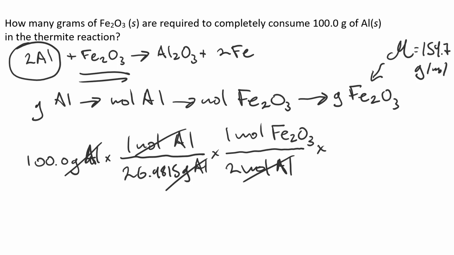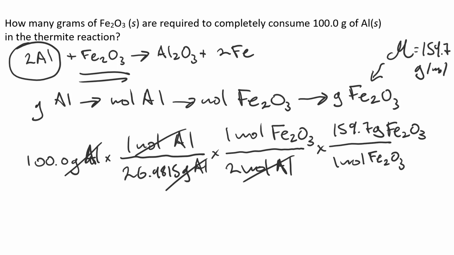Finally, we need to use the molar mass of Fe2O3 to get to grams of Fe2O3. We'll put 1 mole of Fe2O3 on the bottom, because molar masses are always for 1 mole, never the coefficients in the equation. And 159.7 grams of Fe2O3 on top.